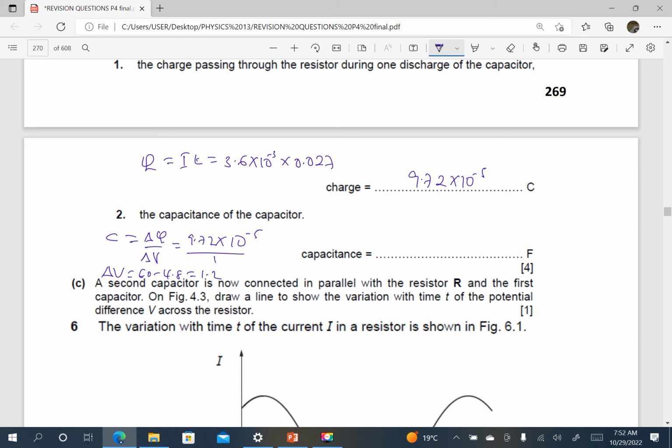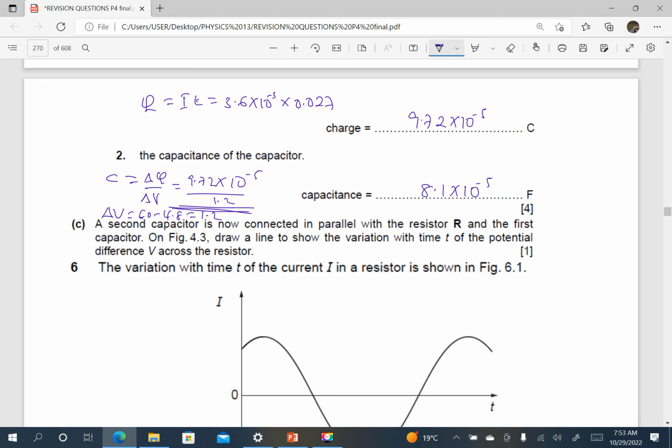So we divide this by 1.2, and when we divide by 1.2, this is giving me 8.1 times 10 power negative 5.